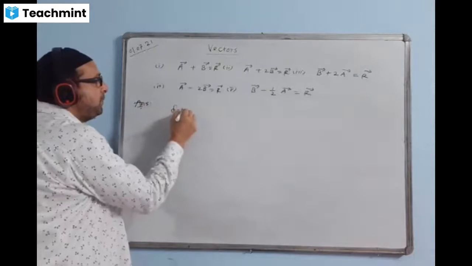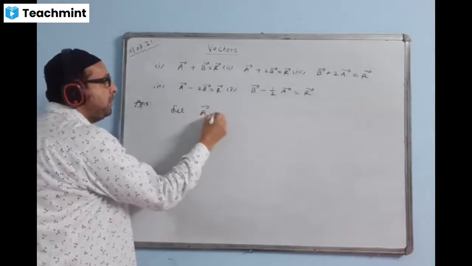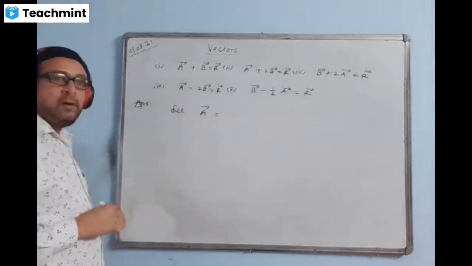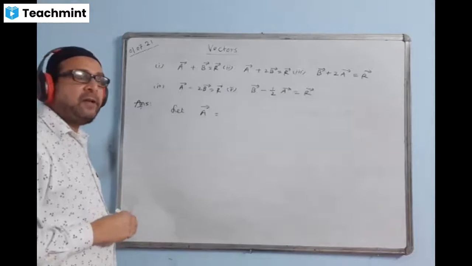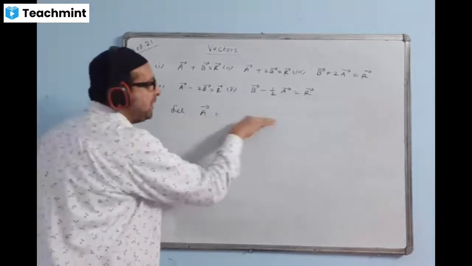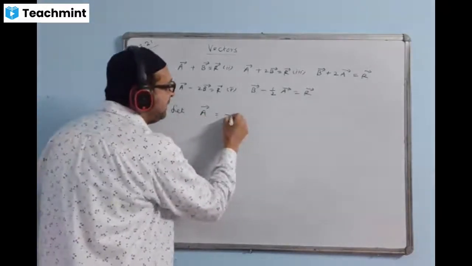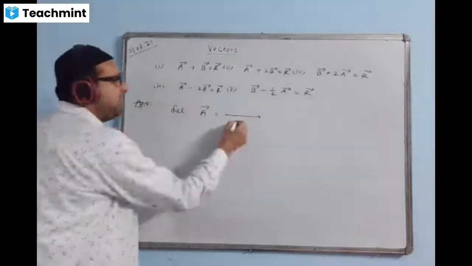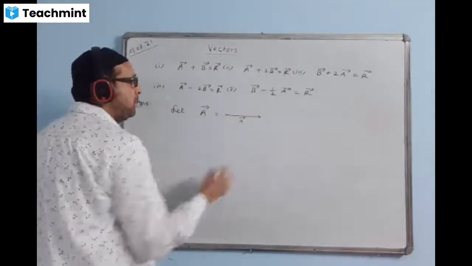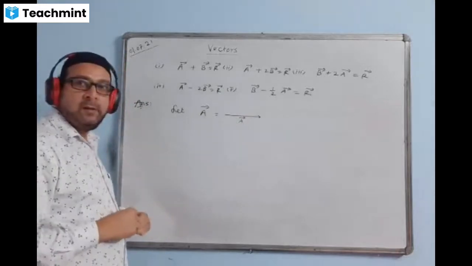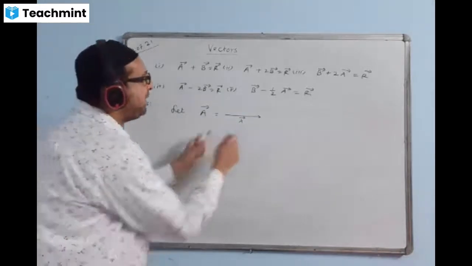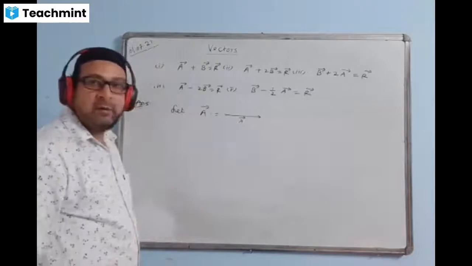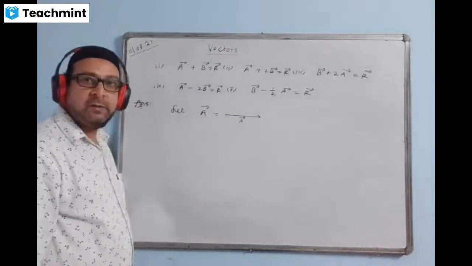Let vector A be, I'll assume the direction of which I'll take like this. The vector A's direction is like this, and the size is this much. This is vector A. Magnitude you can take as 2 centimeters on the ruler, or maybe 3 centimeters, your wish.